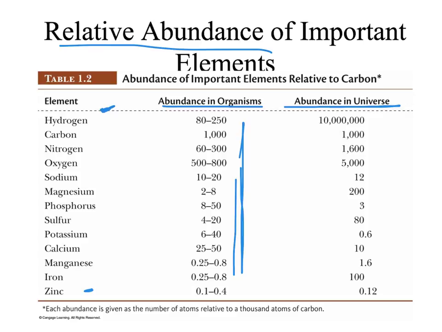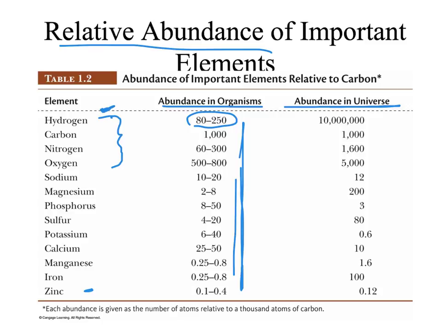And just to give meaning to these numbers that we're looking at here, each of these abundance values is given as the number of atoms that are present relative to 1,000 atoms of carbon. So for every 1,000 atoms of carbon, between 80 and 250 atoms of hydrogen are present. Some of these, the carbon, hydrogen, nitrogen, oxygen, we will see these more in our macromolecules.